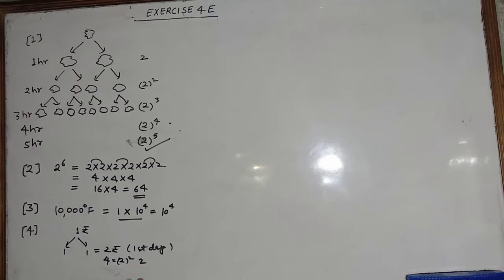So what will be the money on the 8th day? Money on the 8th day will be 2 to the power 8. So what will be the value of this, that we can calculate.